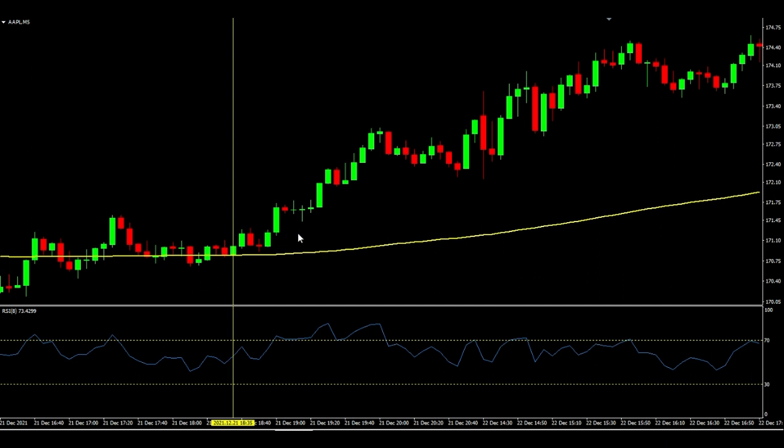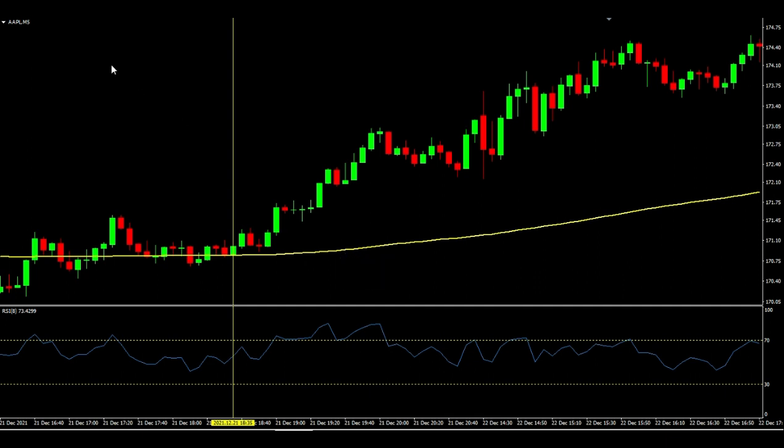To confirm, we look at the RSI. The RSI is pointing up, which means the market is in an uptrend. It's giving you a signal to buy, but then the RSI goes down, then goes up, like an oscillator going up and down.